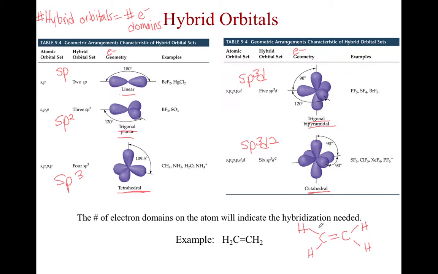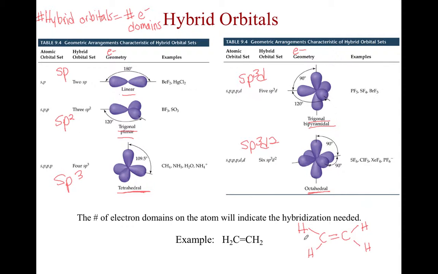So we have 2 center atoms. So we can look at the hybridization around each carbon. Carbon has 1, 2, 3 electron domains. Remember, the double bond counts as 1 electron domain.